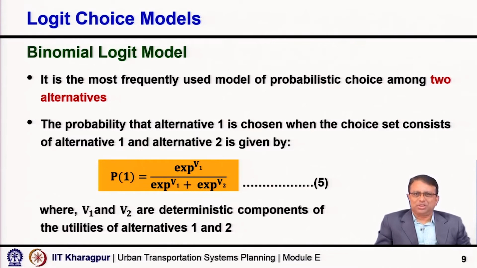As per the binomial Logit model, the probability of using alternative 1 is equal to e to the power V1, where V1 is the deterministic component of utility for alternative 1, divided by e to the power V1 plus e to the power V2. The numerator includes the exponential of the utility of that alternative, deterministic component obviously, and the denominator includes e to the power V1 plus e to the power V2. This gives you the probability of using alternative 1. That is the very fundamental formulation.